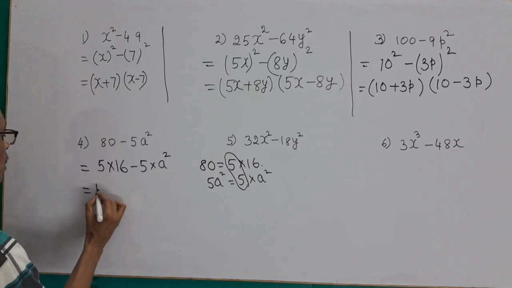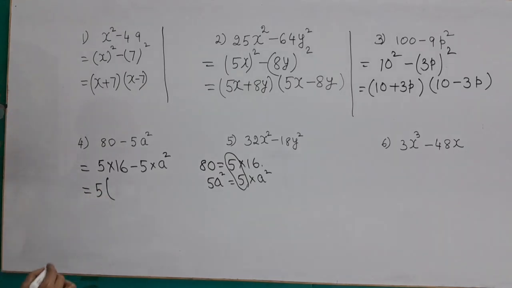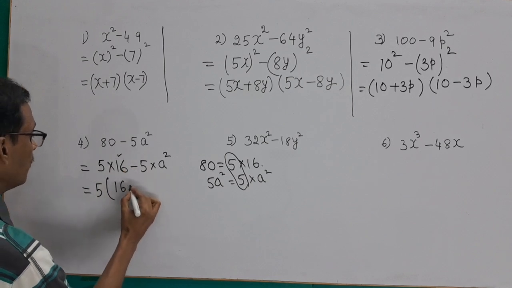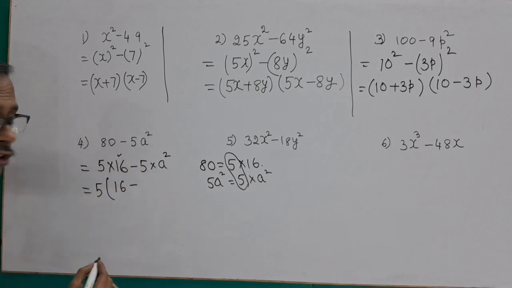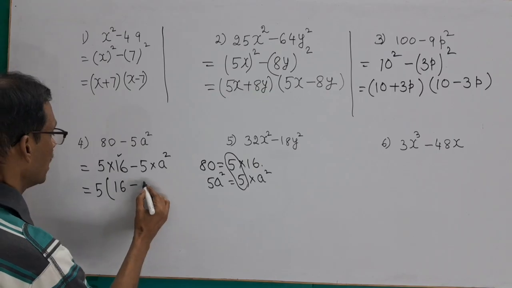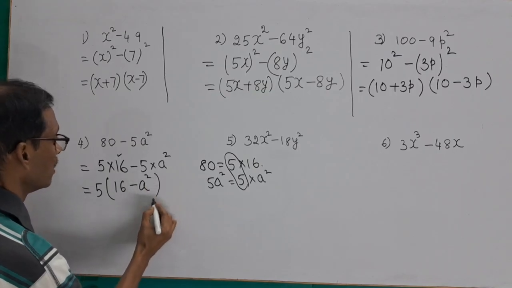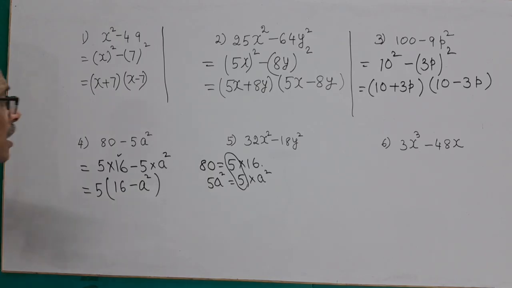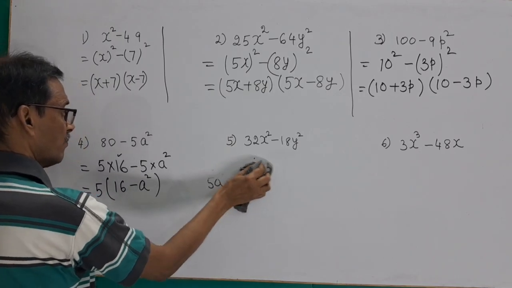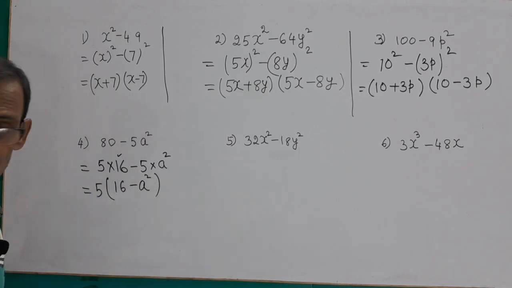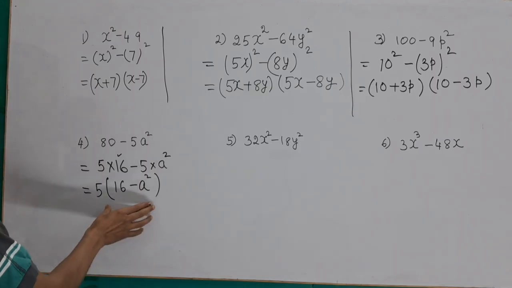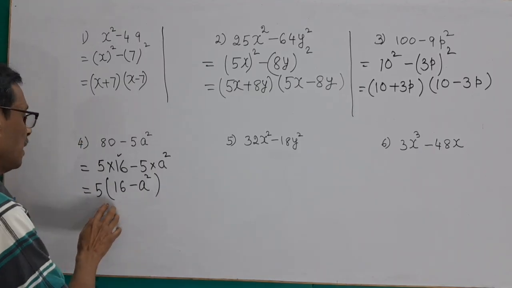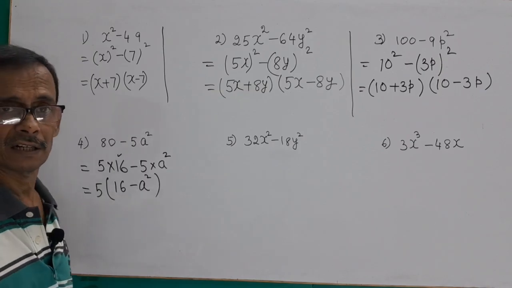So taking 5 common, you put bracket, and this 16 you have to put inside the bracket, minus 5 already you have taken common, so remaining is a square, so you put a square. So is the factorization done? No, it is not done yet. You have only taken one factor, 5, and 16 minus a square.